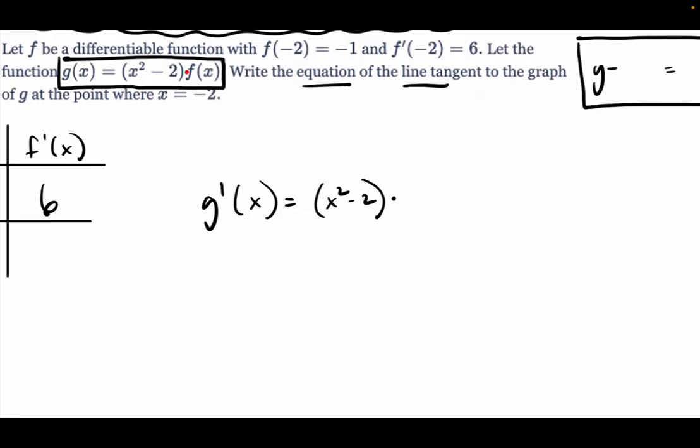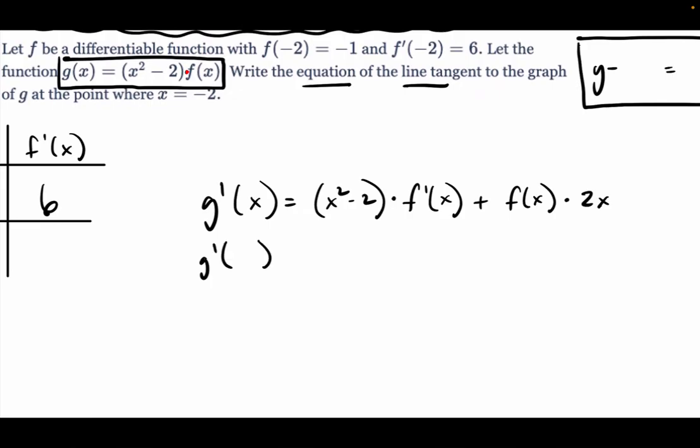What's the derivative of f of x? Just f prime of x. Since I don't know what f of x is, that's the best I can do. Plus the second times the derivative of the first. What's the derivative of x squared minus 2? Just 2x.